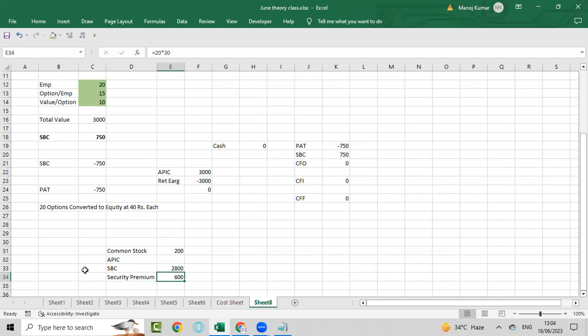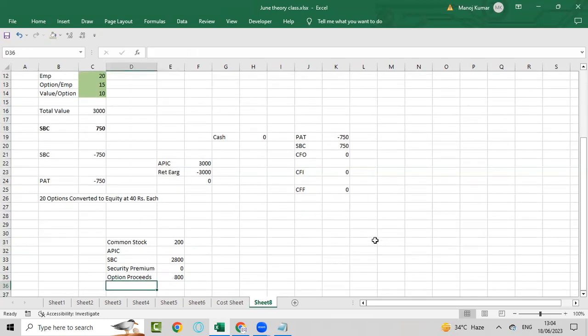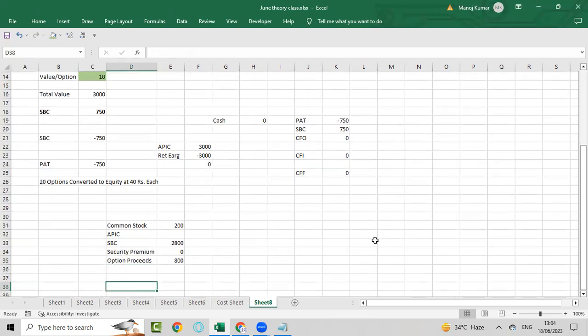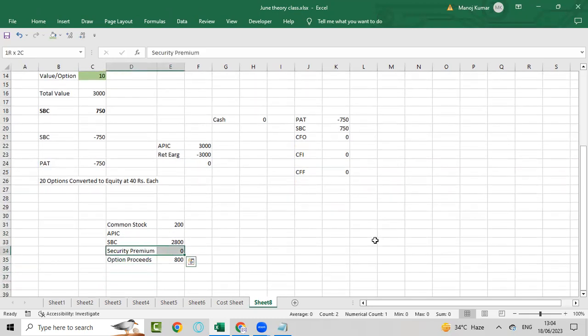What we did, whatever common stock we have added, sorry, security premium is 0. I will have to write option proceeds, and option proceeds is 20 into 40. By mistake, I told you security premium will not be reported in this case. Rather, we will record option proceeds. This 200 of common stock which we are reporting here will actually be sourced from SBC.